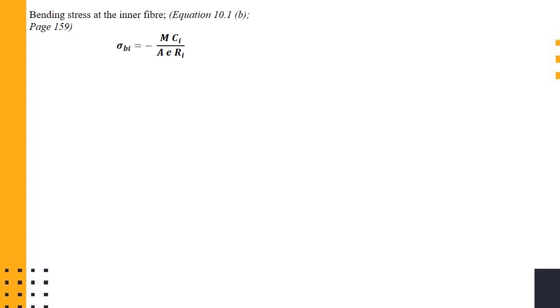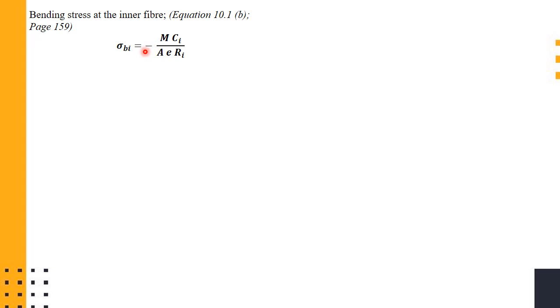So first we'll calculate the bending stress at the inner fiber, which is from equation 10.1b in page number 159. Be careful, as I told you, at the inner fiber it is the compressive stresses which will be generated. So the first section which we consider is acting along the line of action of load. For that particular section, it is compressive stress at the inner fiber, so it will be negative in nature.